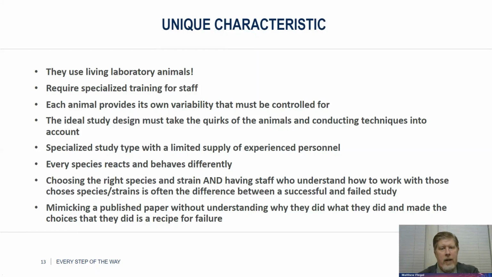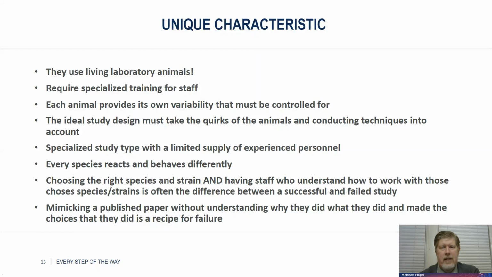And one thing that I'll put out there, because we've probably all been burned by this before, I certainly have. Especially in the in vivo space, most papers don't really talk about how the work was done. They talk about the results, but they don't tell you how they did the thing.